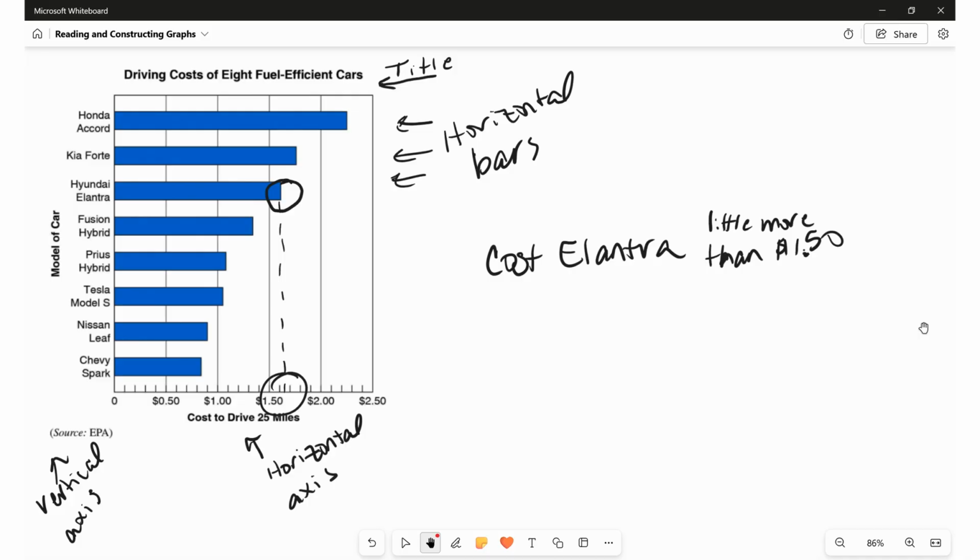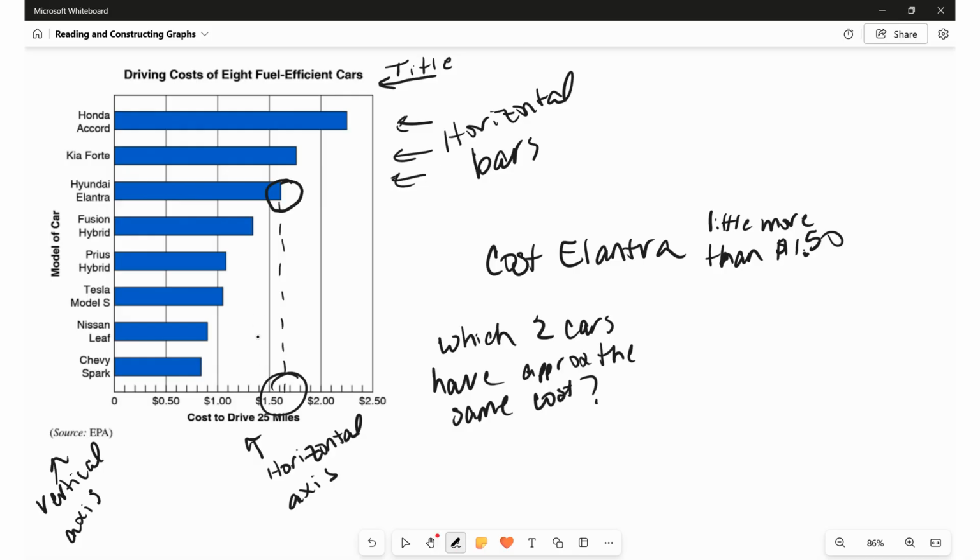We can ask, let's see, how about this for a question? Which two cars have approximately the same cost? Okay.